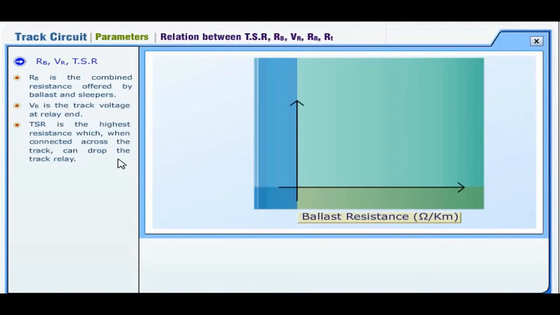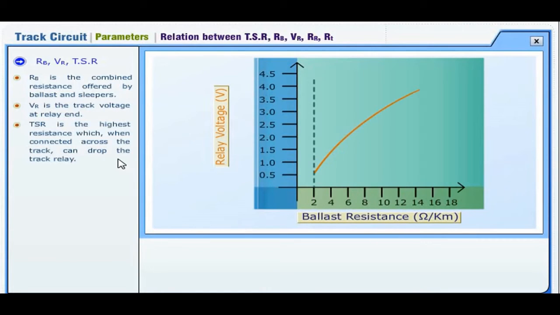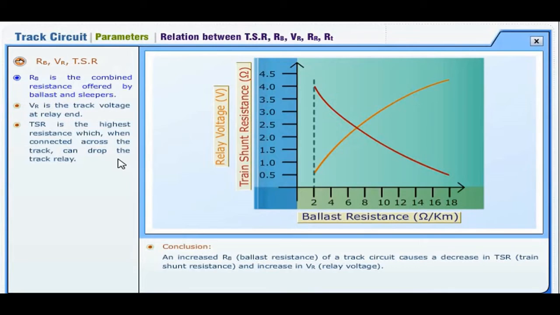RB, VR, TSR. RB is the combined resistance offered by ballast and sleepers. VR is the track voltage at relay end. TSR is the highest resistance which, when connected across the track, can drop the track relay.